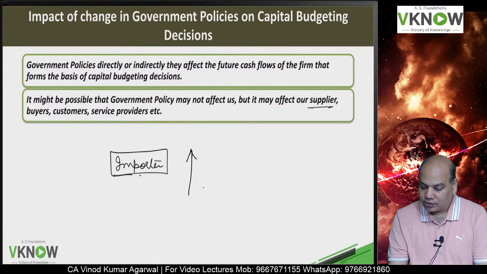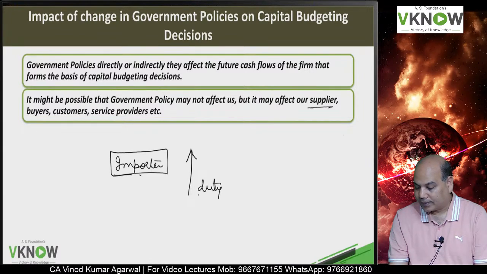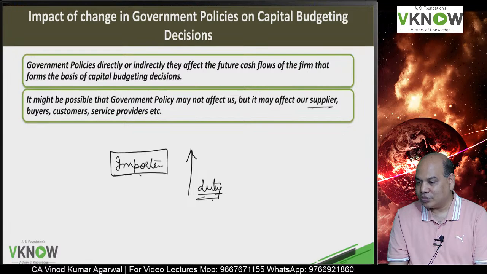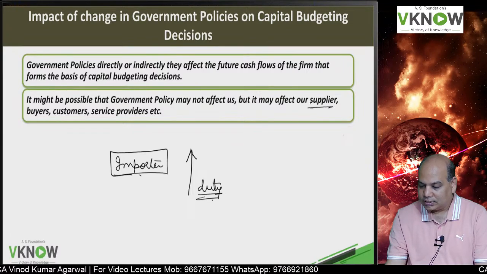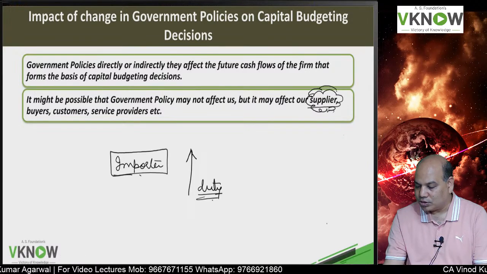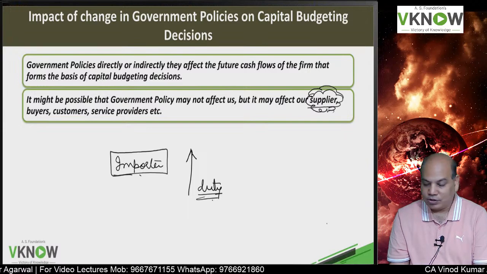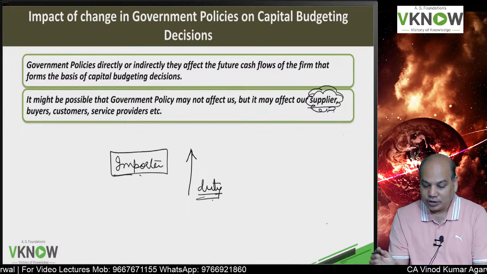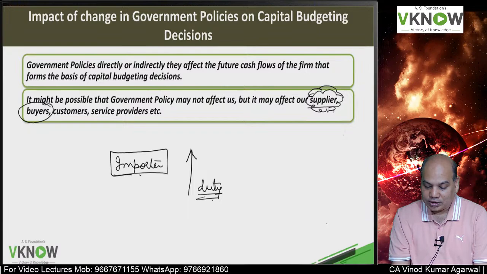The government increases the duty, and because of that, the supplier says, no, sorry, we will not be able to supply because we are no longer competitive in your market now. So that can affect you.